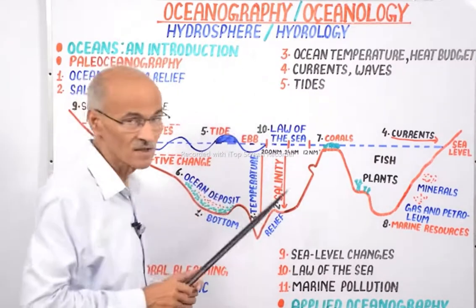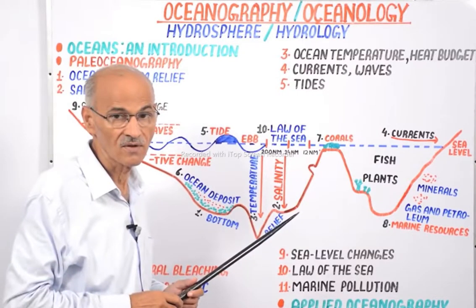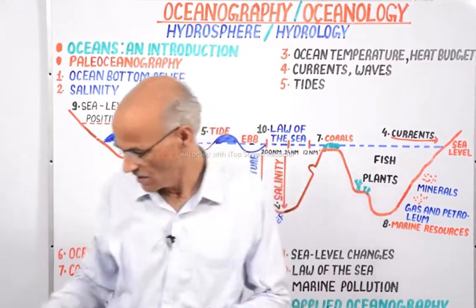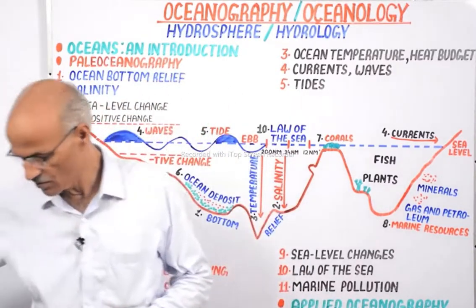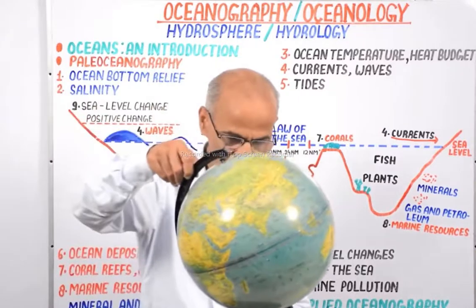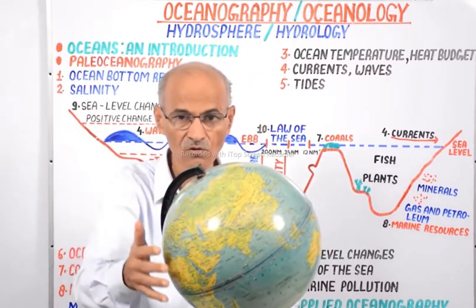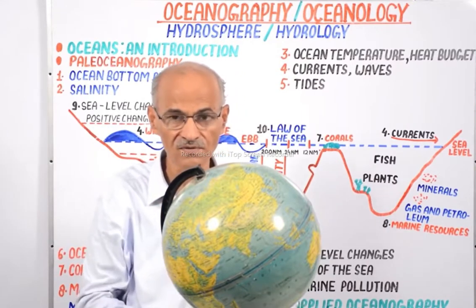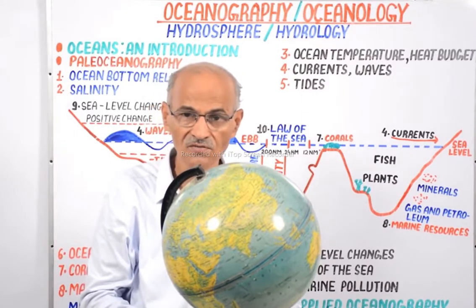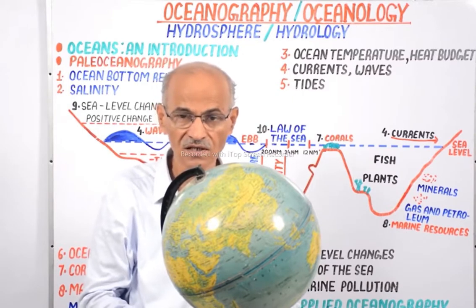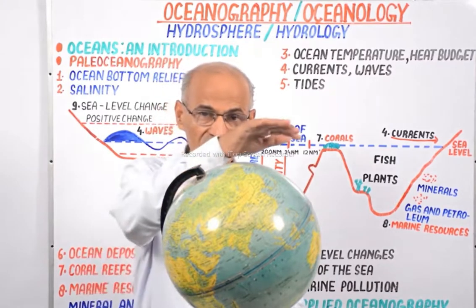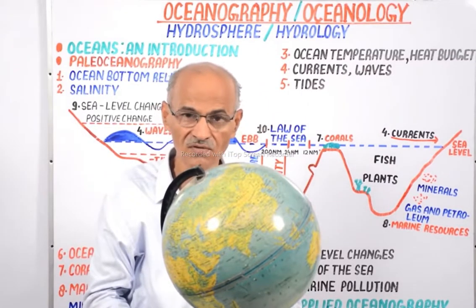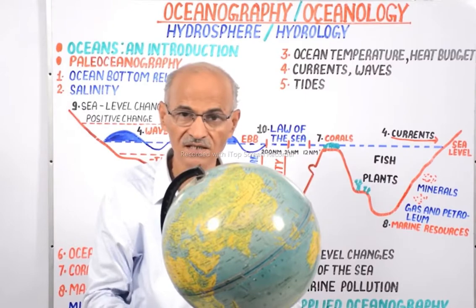Undoubtedly, hydrosphere is a very wide and broad term because hydrosphere is the study of water in all states everywhere. Water is present in liquid form in oceans, rivers, lakes, and groundwater or subsurface water. Water is also found in solid state in high altitude mountains and high latitudes, and in the atmosphere in gaseous state.